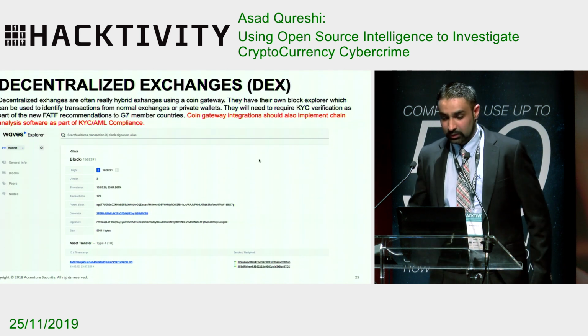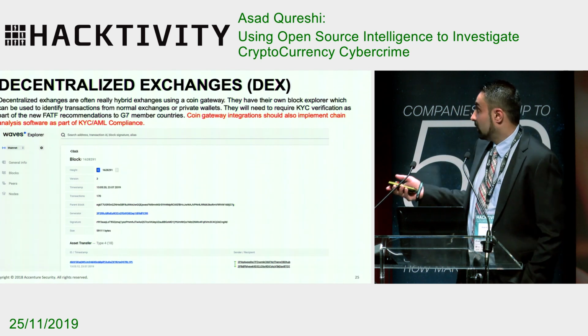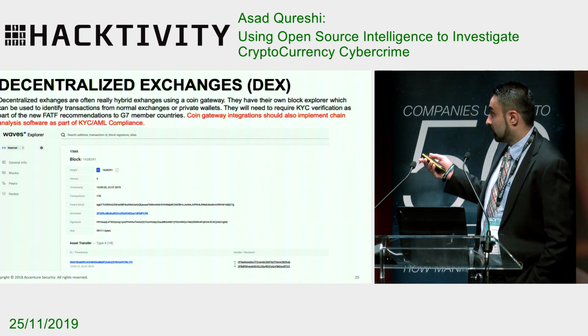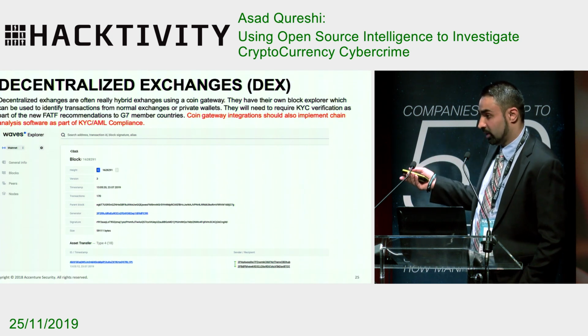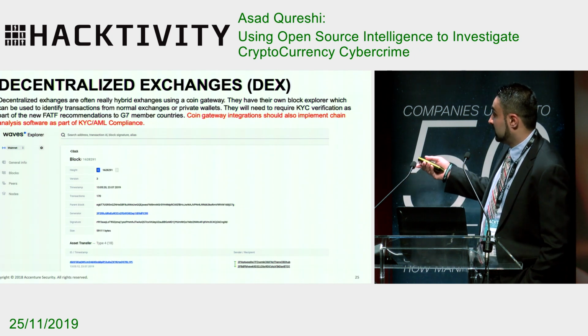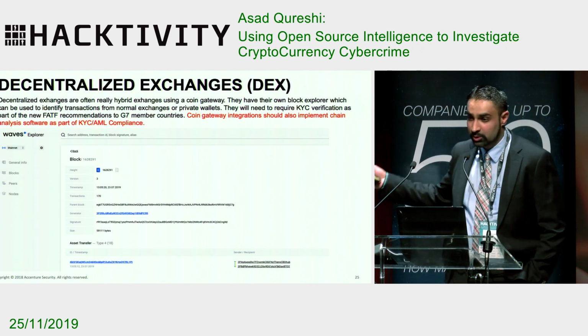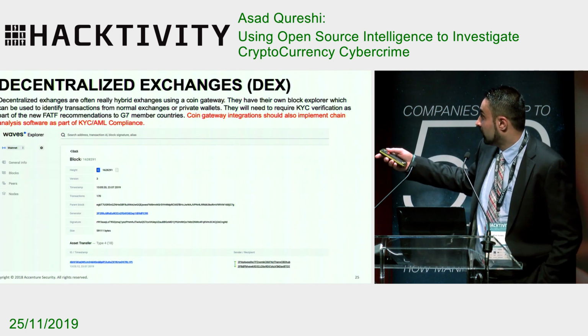Now, decentralized exchanges. Most so-called decentralized exchanges are not actually decentralized. They are hybrid exchanges, which means they have a coin gateway which connects to another blockchain.